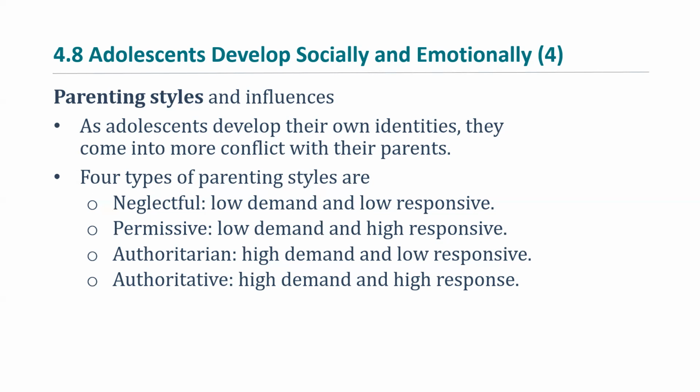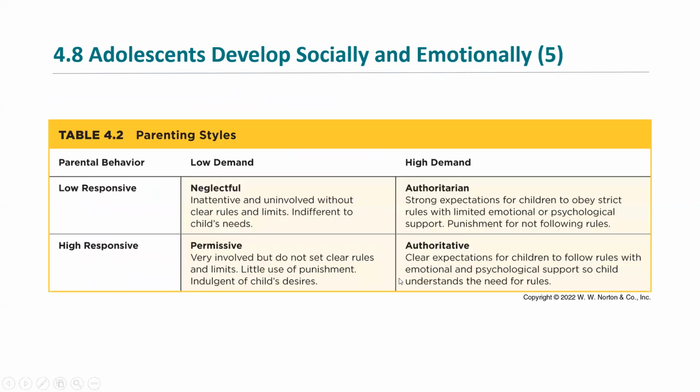Okay, parenting styles is a topic that we'll now look at, and we're going to look at four parenting styles listed here: neglectful, permissive, authoritarian, authoritative. And you can see that each one is categorized by either low or high demand and low or high responsiveness, which leads to this following table.